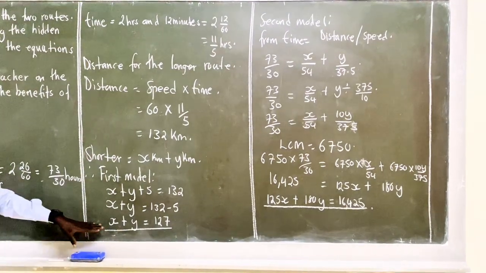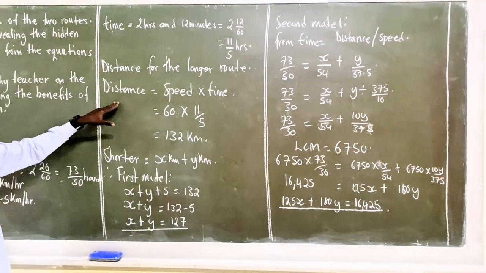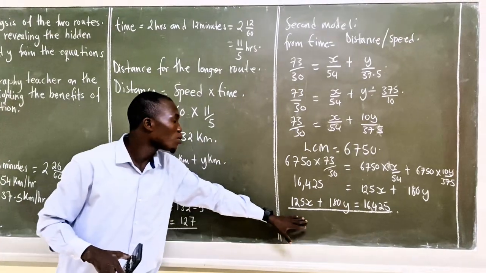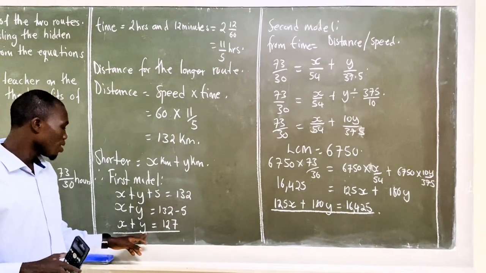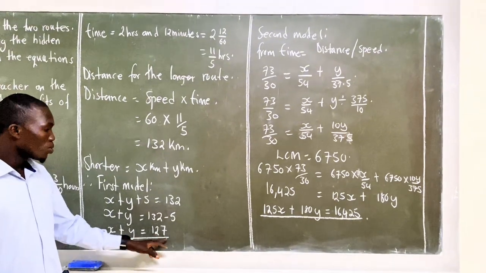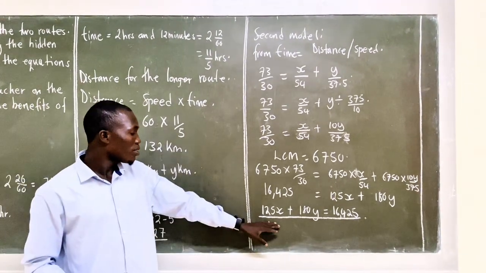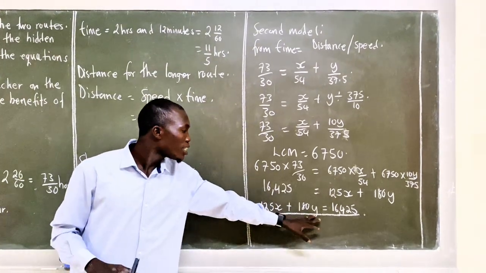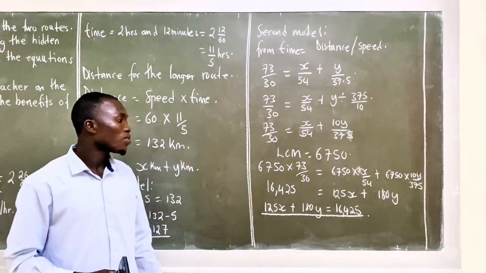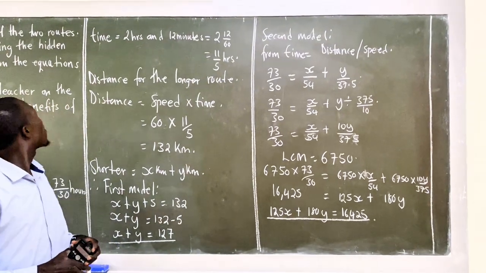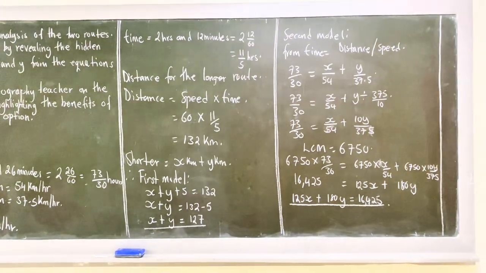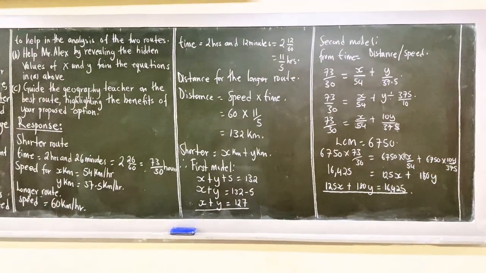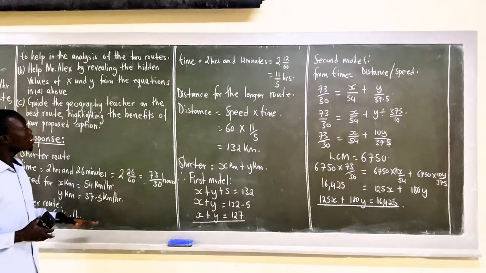That is, the first model is in terms of the distance, then the second model will be in terms of time. So we shall have x plus y is equal to 127, and 125x plus 180y is equal to 16,425. And that will now answer this first task of what? The first task of creating the models.